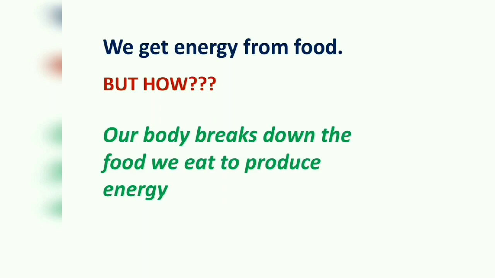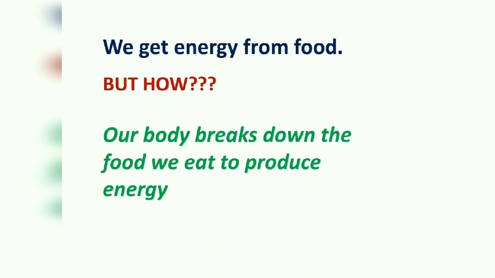But how do we get energy from food? How does food give energy? Our body breaks down the food we eat. Whatever food we eat, it breaks down into smaller parts and gradually mixes with certain juices in our stomach and subsequent organs.